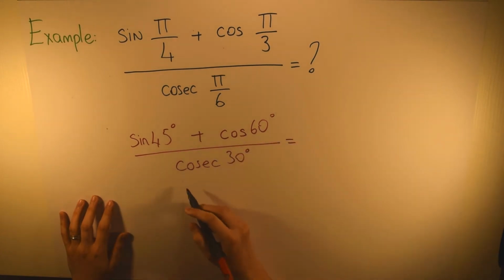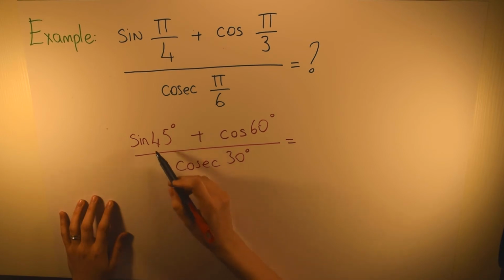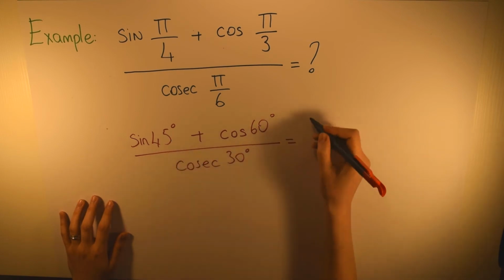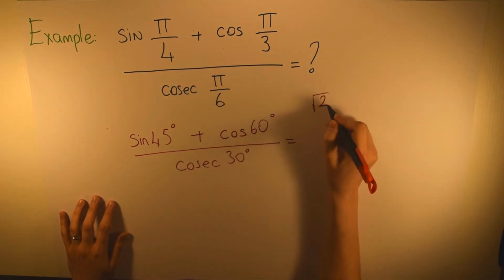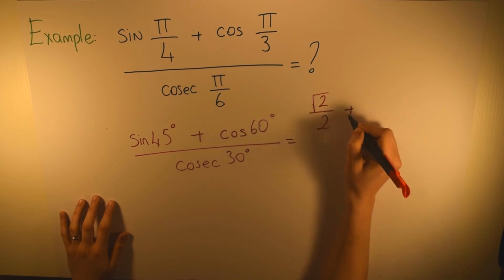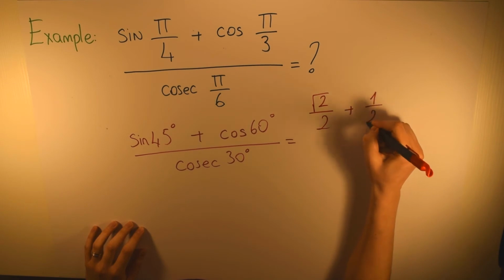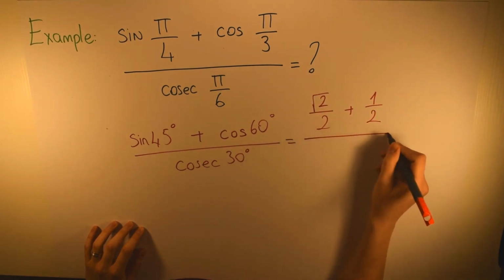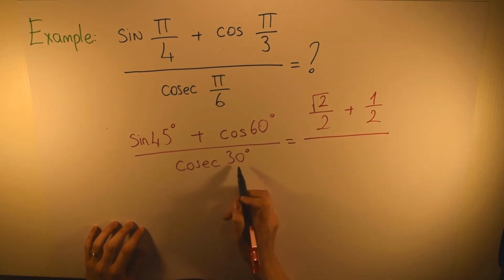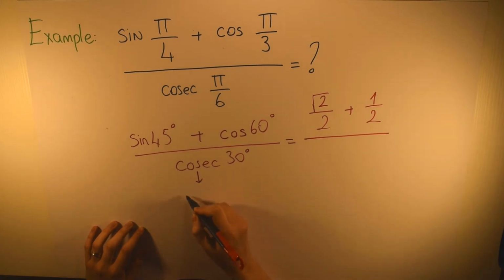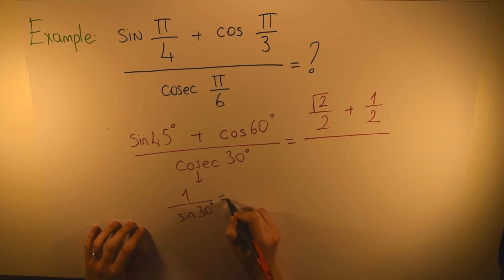So let's find their values. Sine 45 degrees is square root of 2 over 2, plus cosine 60 degrees, which is 1 over 2, divided by cosecant 30 degrees. Cosecant is 1 over sine, sine 30 degrees in this case, which is 1 over 2.